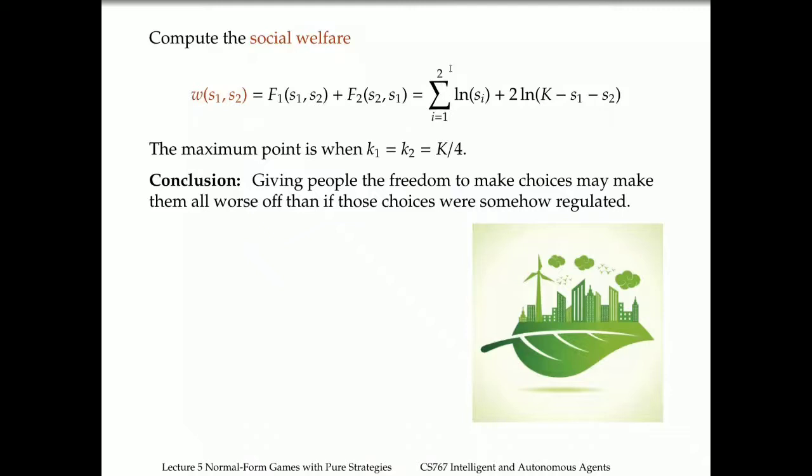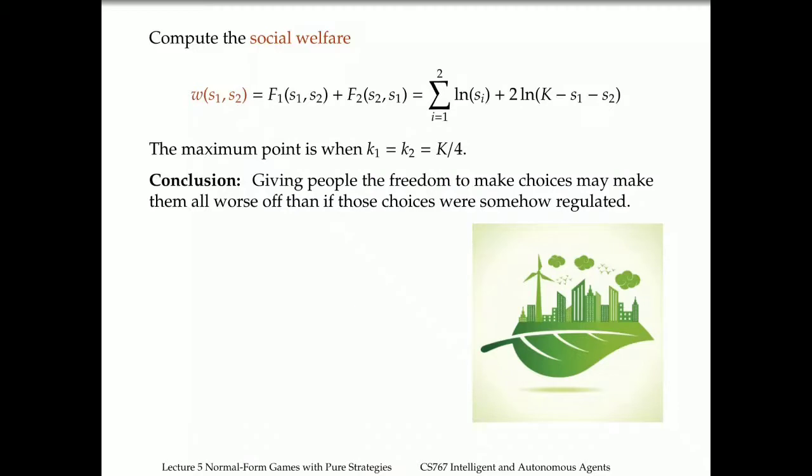That would be adding the log of S1 plus the log of K minus S1 plus S2, and we add this for both of the players. Using again some simple calculus, we can compute that the maximum value for this social welfare will be when both players play at the level K divided by 4.